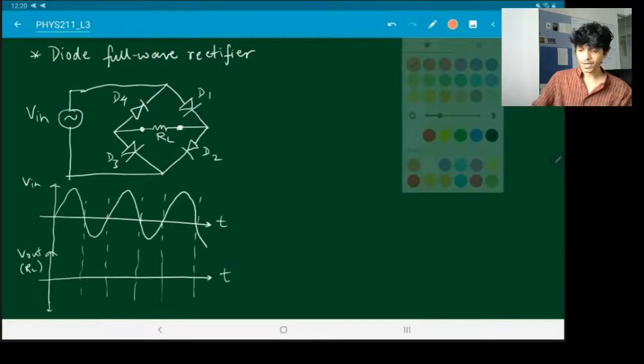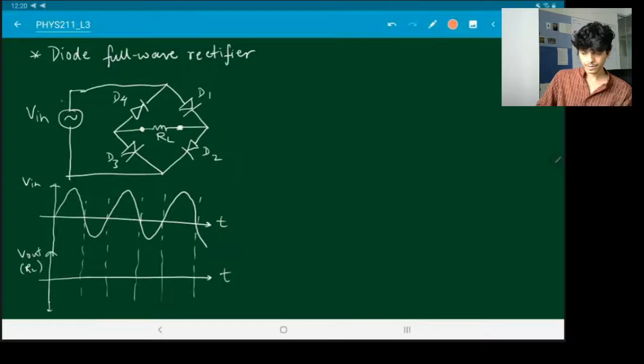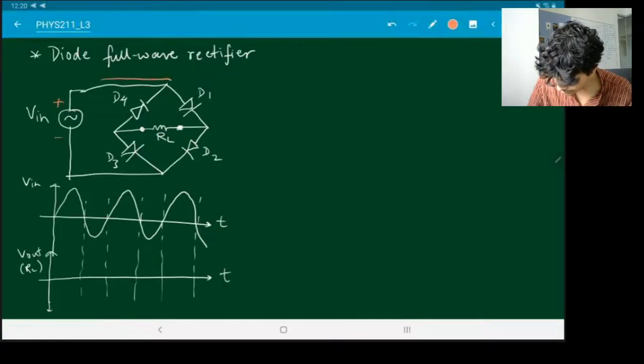Now during the positive half cycle, when this end of V is positive with respect to this end, you can see that the diode D4 and D2 are going to be reverse biased. So they will not conduct. The current will flow through D1 because this is forward biased. Wait, there is one mistake over here.